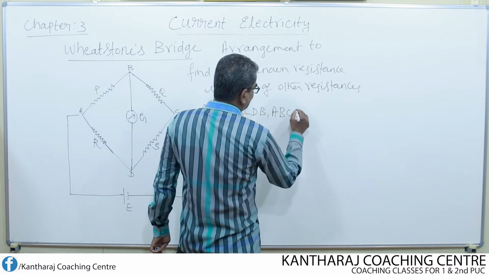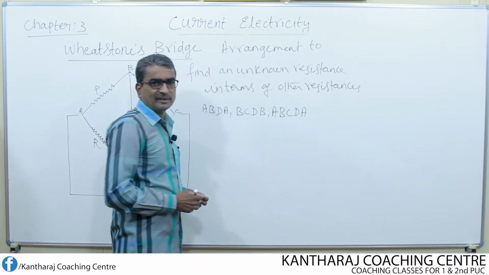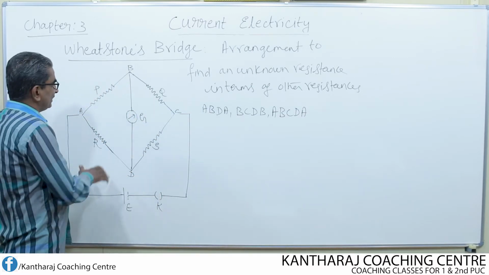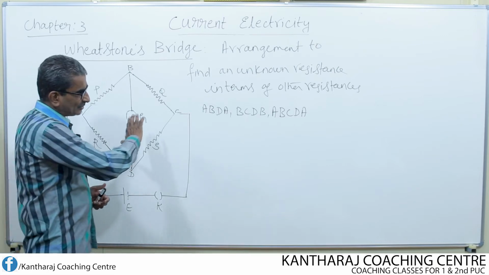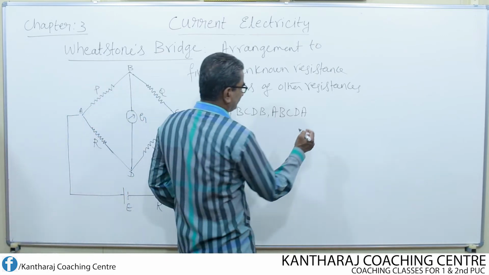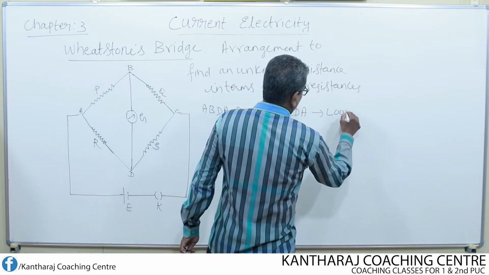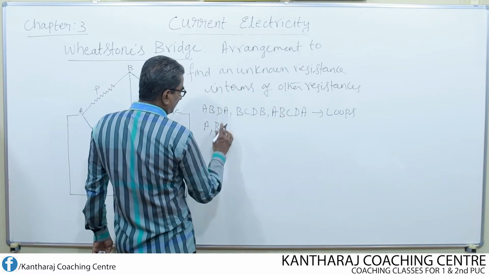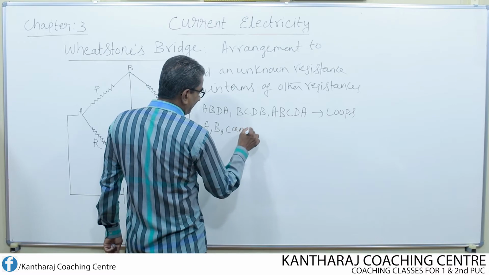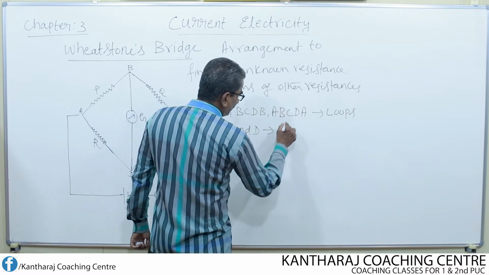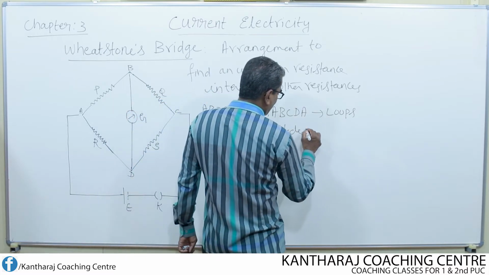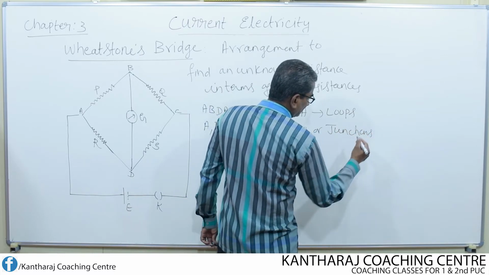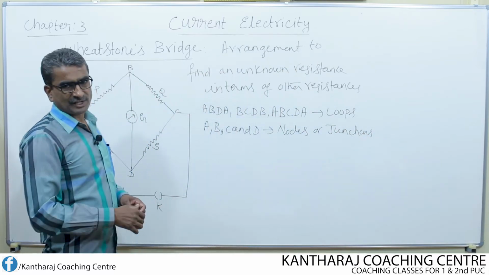So without the branch of the cell and the plug key, we come across 3 loops here, whereas A, B, C and D are nothing but nodes or junctions. 4 junctions are there.